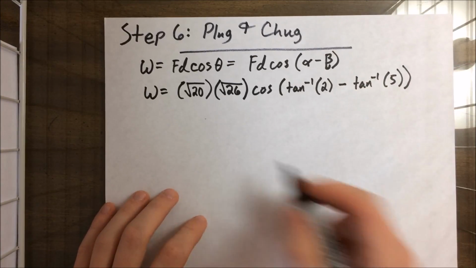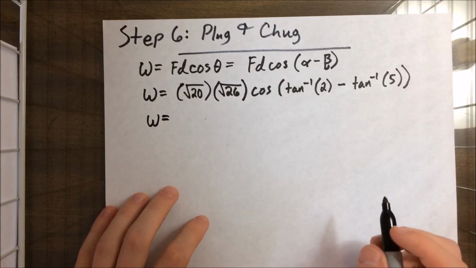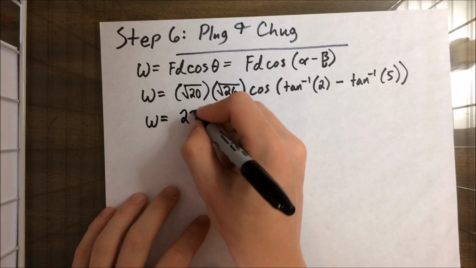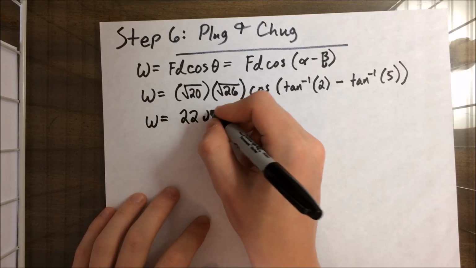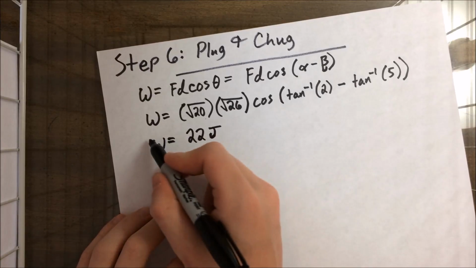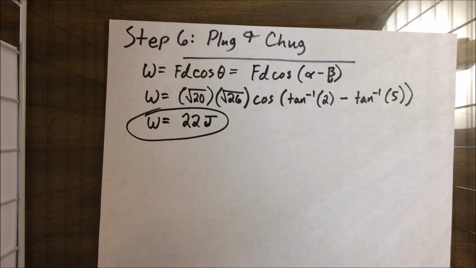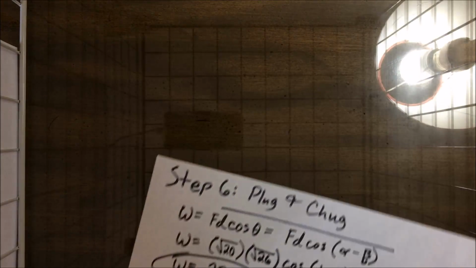So then work is equal to 22 joules. So the unit of measure for work is joules, by the way. Okay, so now we have the answer to part A. So now let's move on to part B.